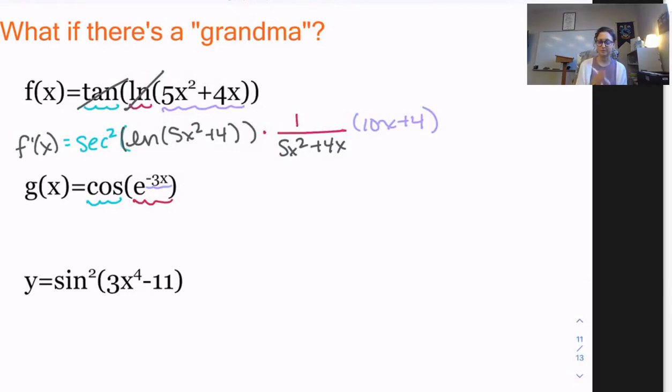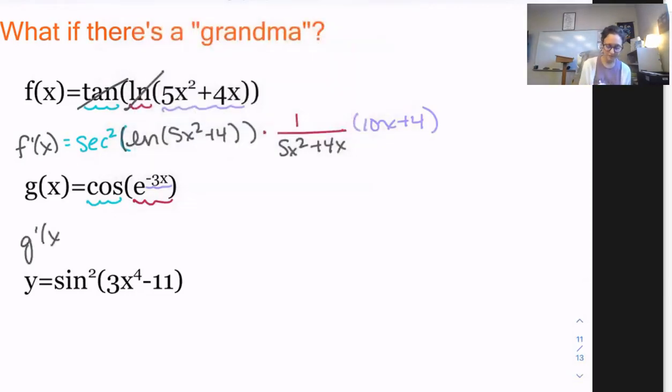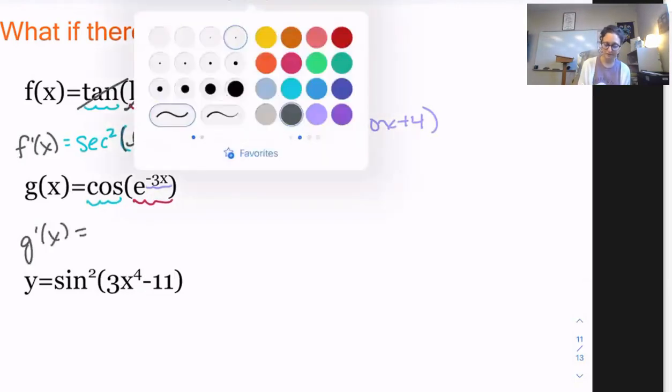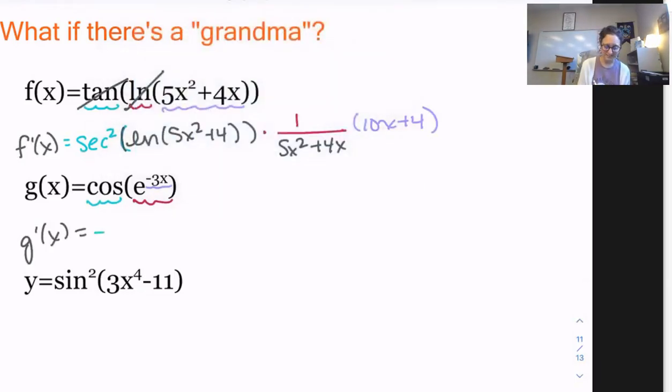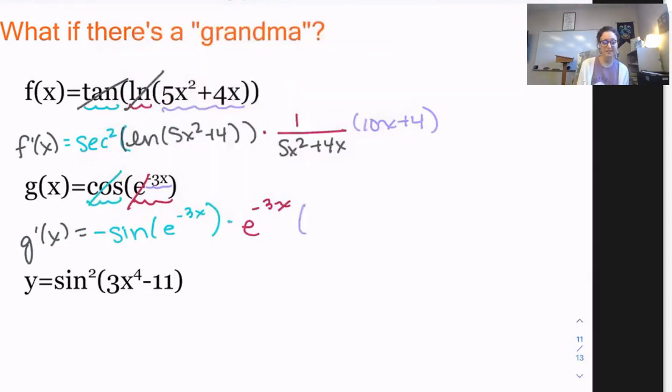We're going to go blue, red, purple, okay? So g prime, the derivative of blue, of cosine, is negative sine, so hold everything else, times, now keep working your way in, derivative of e to the x is itself, again, hold everything else, then times the derivative, the baby is negative 3x, so the derivative of negative 3x is negative 3.